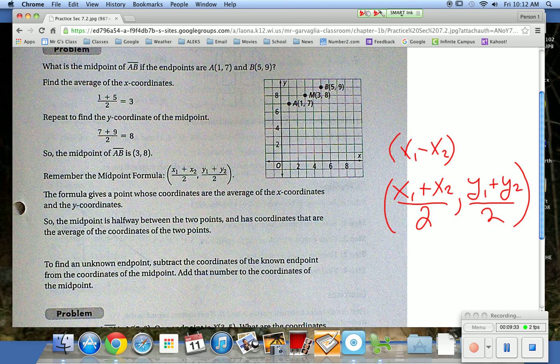So you add up the x's, divide by 2, that's your midpoint x. You add up the y's, divide by 2, that's your midpoint y. See that? That's actually a coordinate, x and y.